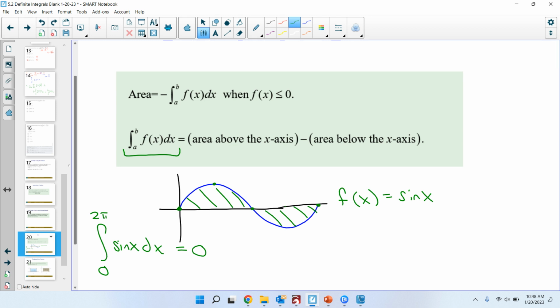Now, there's another application we're going to get to later. It's called total distance traveled. Okay. And I need to introduce it because we're going to be talking about this a lot. Here's the analogy. I'm going to use that velocity time graph all second semester. And that's the reason why we're doing the driving activity. Part of your homework this weekend is going to be to calculate RRAM 30 for the driving activity and LRAM 30 for the driving activity.